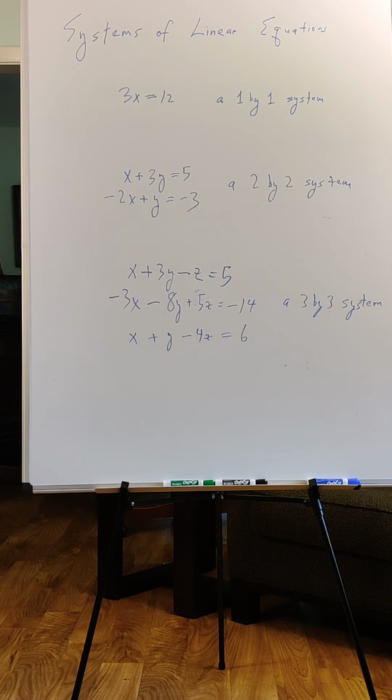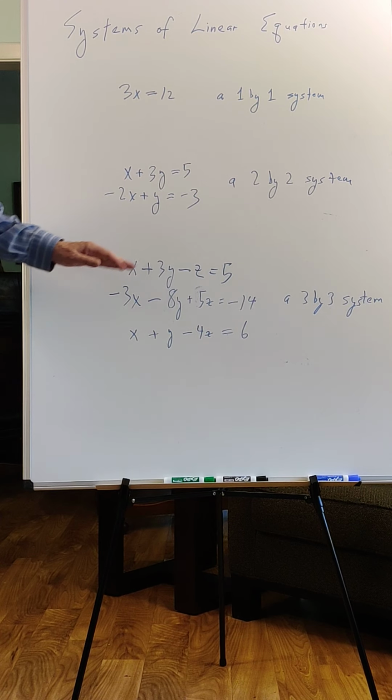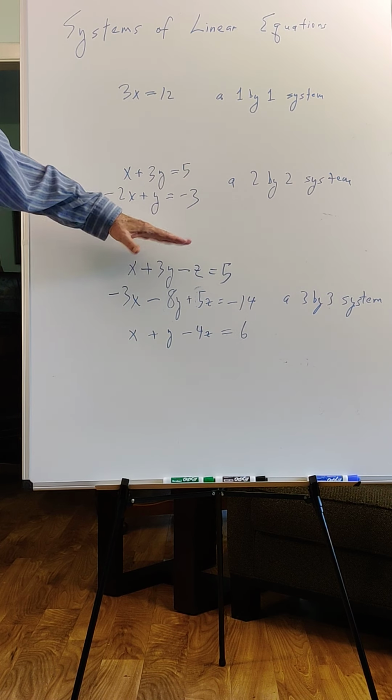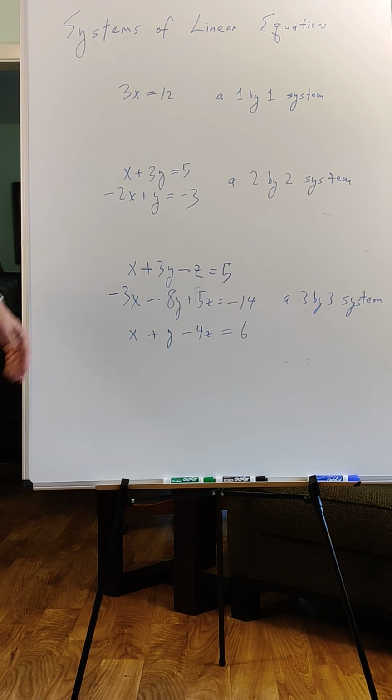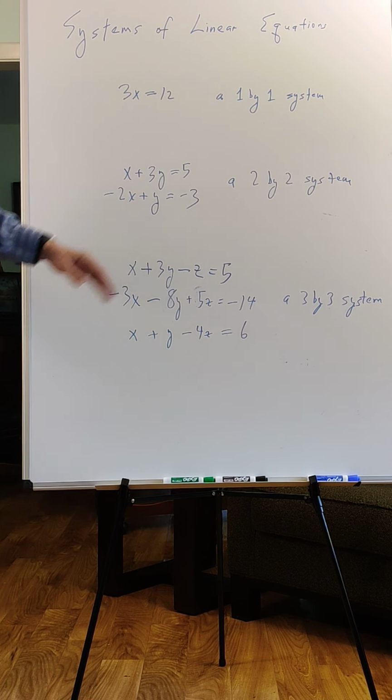Here's a 3-by-3 system. Your 5th quiz is going to be concerned entirely with 3-by-3 systems of linear equations. And we're going to learn a technique that we can use to solve any system of linear equations, and it's an efficient technique. It's an algorithm that is very effective.